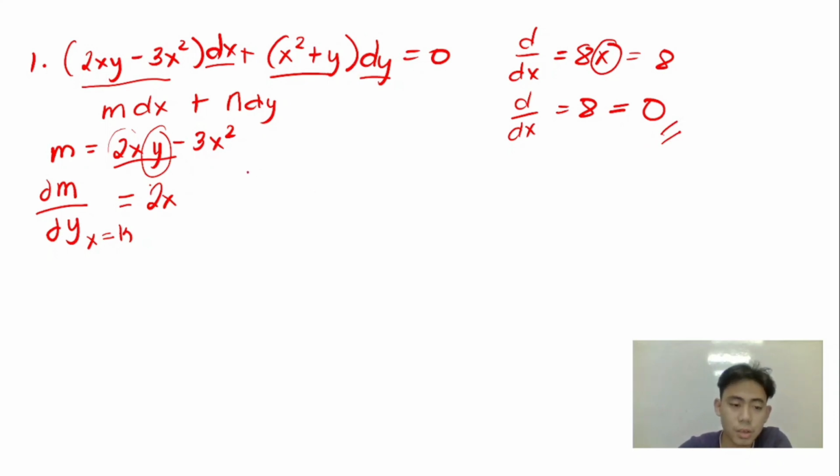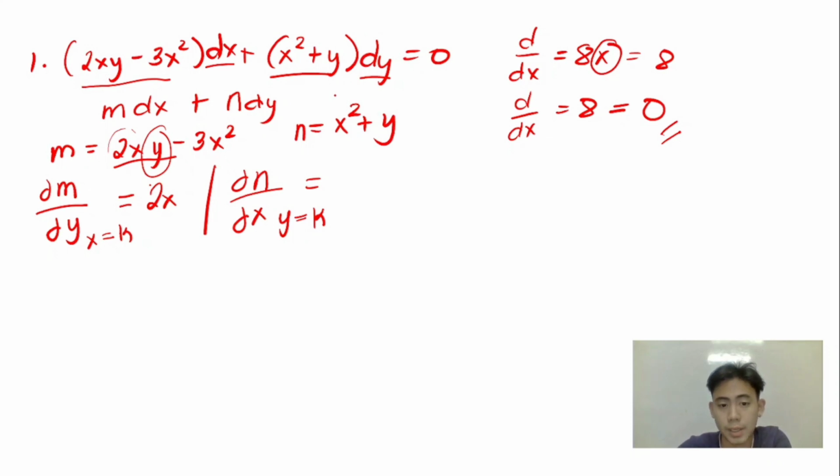Okay? So, yung pangalawa, the partial derivative of N with respect to x na yung condition should be y is equal to constant. Okay? So, ano nga bang N natin? N is equal to x squared plus y, kung ano yung naka-multiply kay dy. So, ano nga ba ang partial derivative ni N with respect to x?